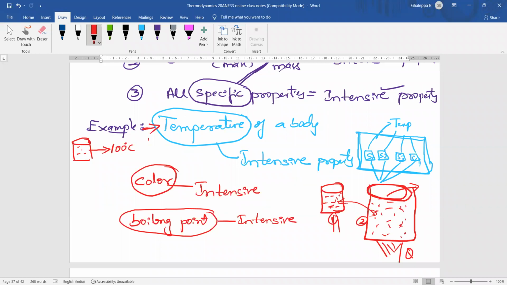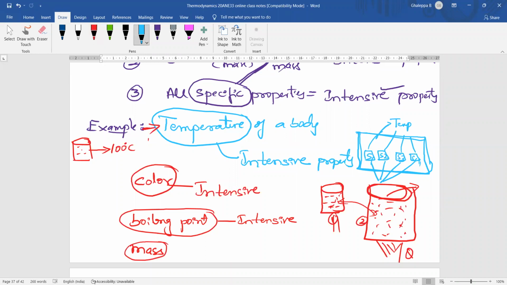And dear students, could you tell me any other properties which are intensive or extensive? This is a property which is intensive, this is a property which is extensive. Okay, mass, for example. Is mass intensive or extensive? Extensive, sir. Because the name indicates mass, so it is extensive.